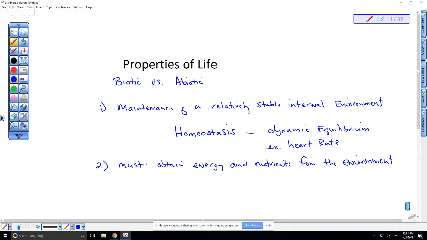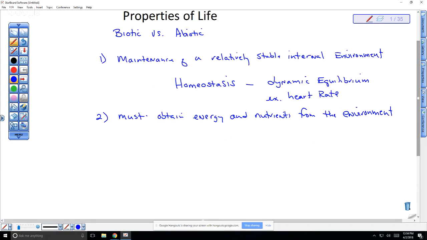One of the things about energy and nutrients and the exchange is that something interesting happens when we go from one form of energy to another. When you transform one type of energy into another, energy is lost in the form of heat.